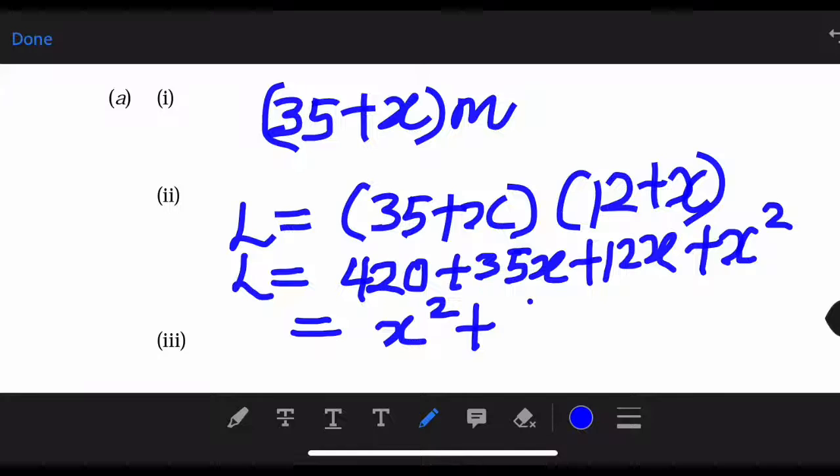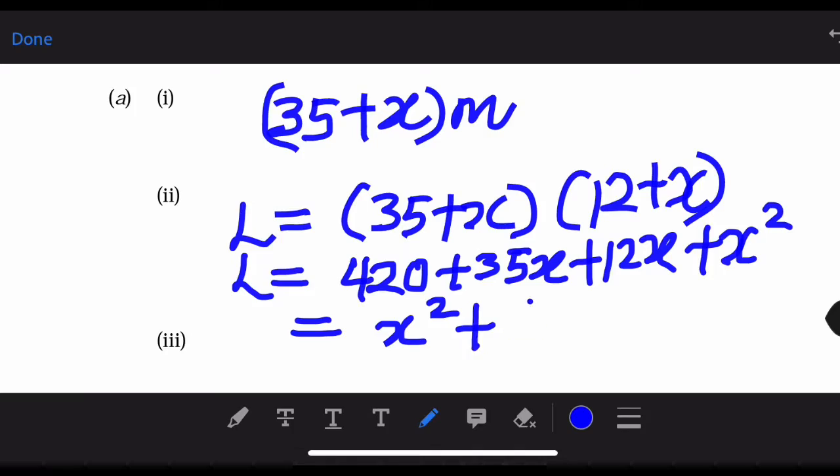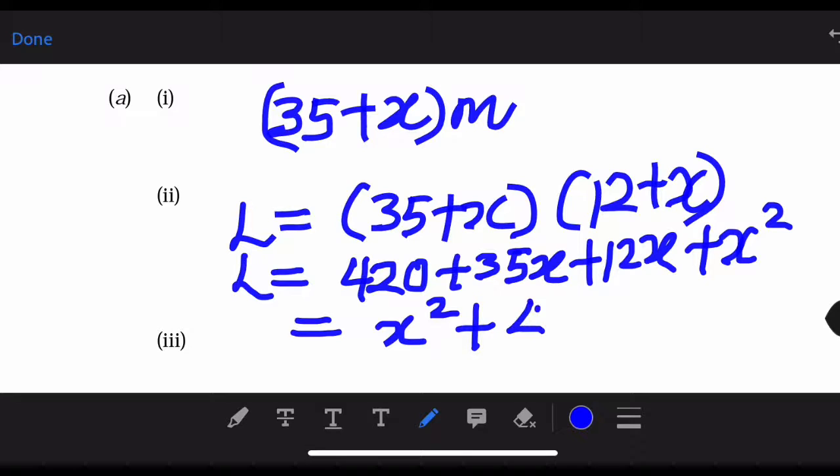General form, make sure it's general form, then factorize. So after factorizing and solving, you will get x plus 46, x minus 5, right? So we have to reject the negative answer.